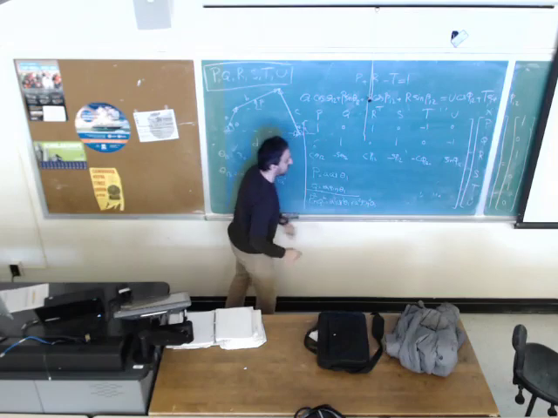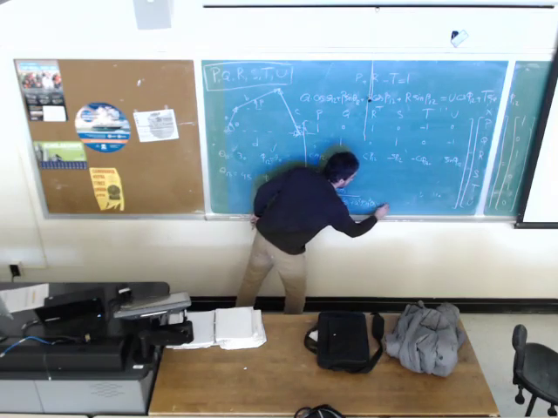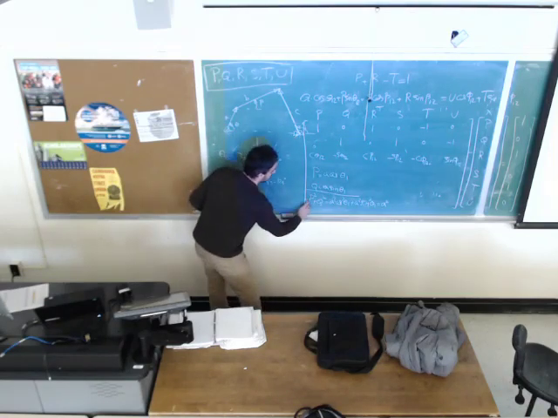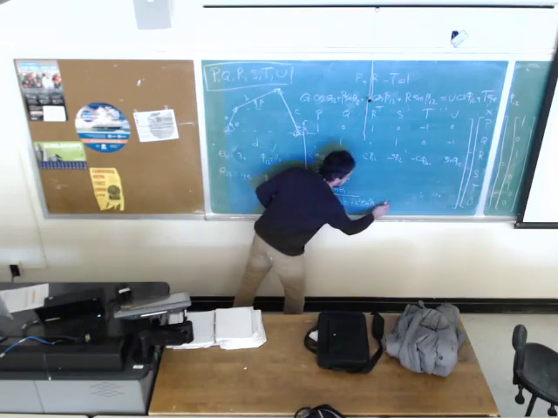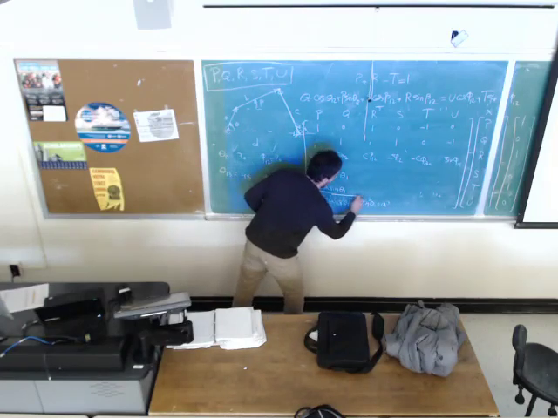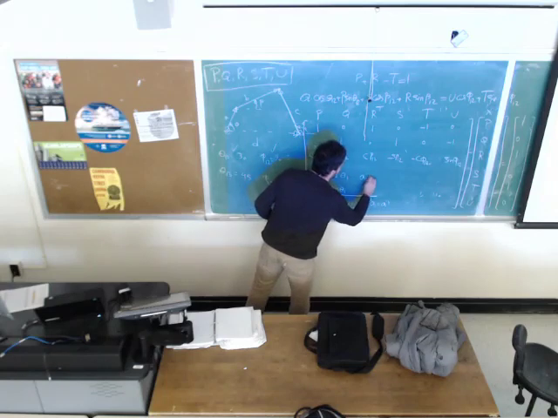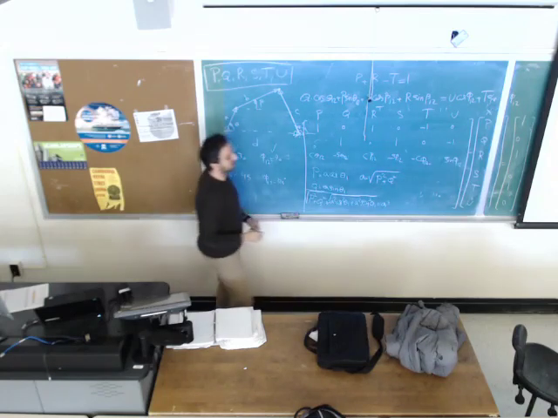Cosine square plus sine square is going to be 1, so you will get A square. So the square root of this is going to give me A. So A will be the square root of P square plus Q square.